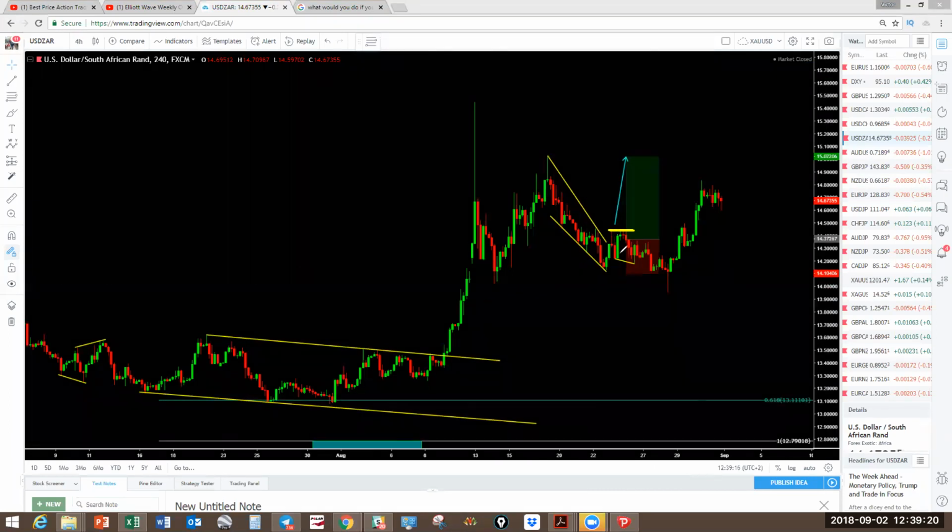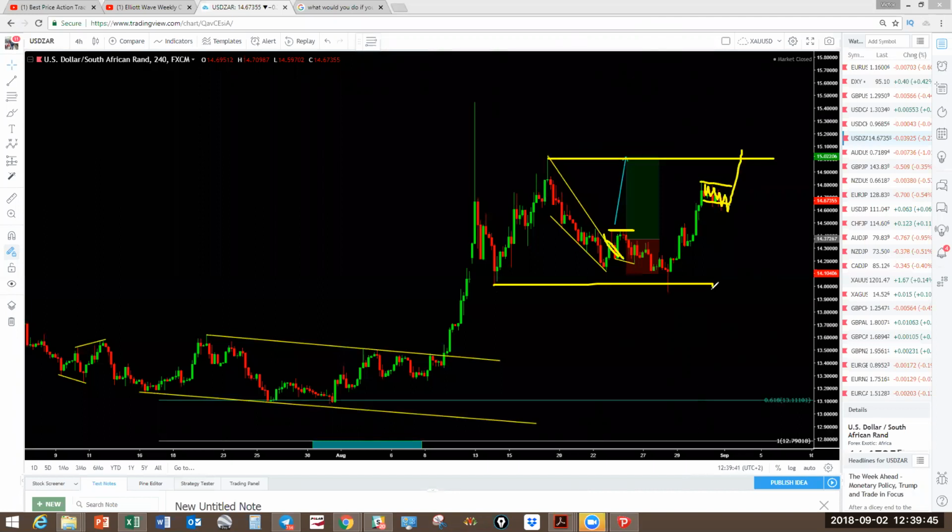It had also broken out of the structure, so we were ready to go to the upside. Only thing is that it did not take this structure for it to give us one of the Elliott wave structures. So if anybody is interested in US dollar ZAR, it's giving you a nice entry here, but just take cognizance of the fact that we are very close to this level, over there.